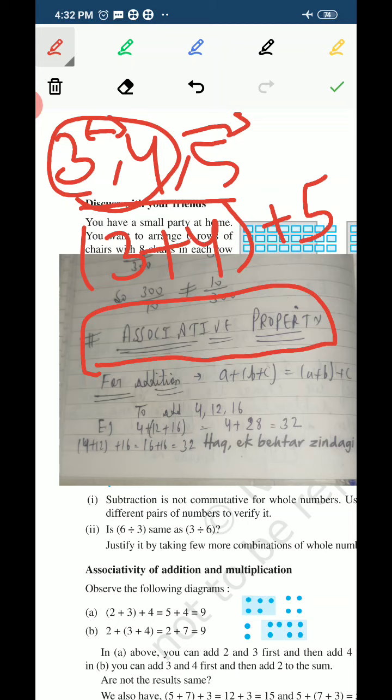So 3 plus 4 will be 7, and then 7 will be added to 5 and it will become 12.